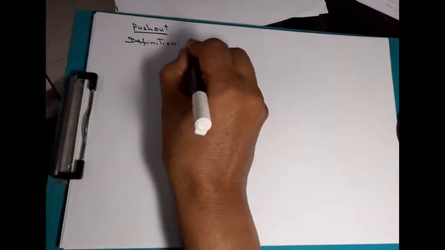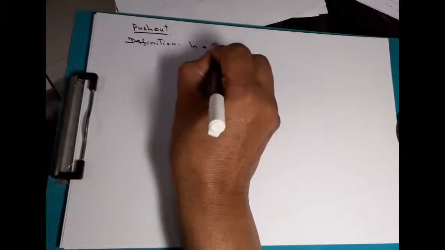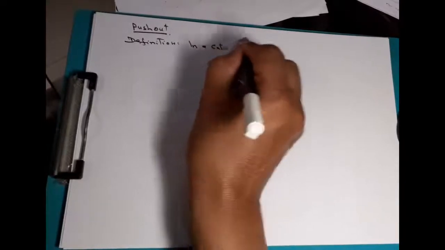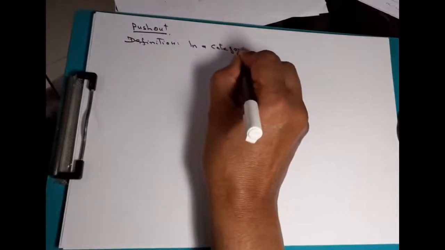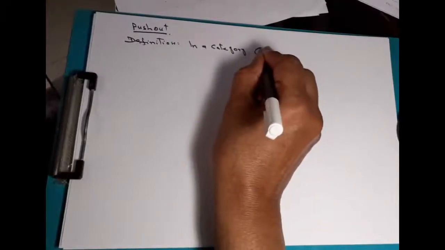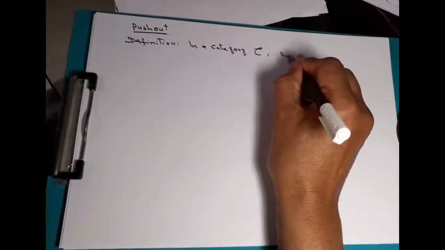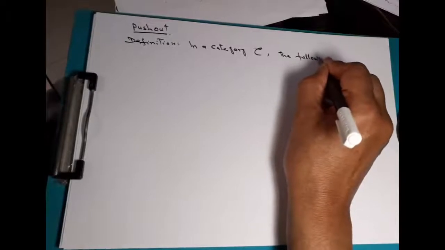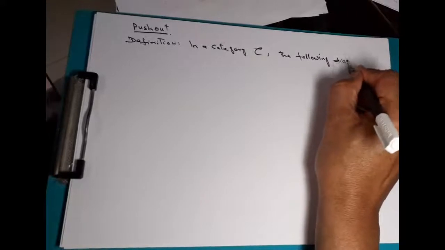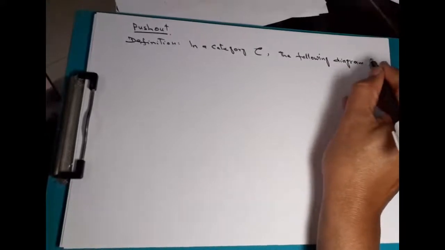So let's see. In a category C, the following diagram.